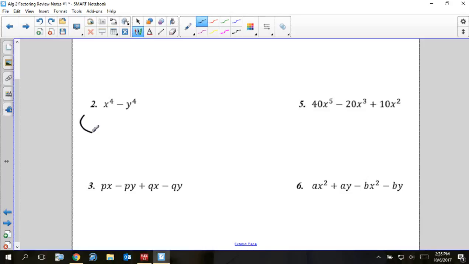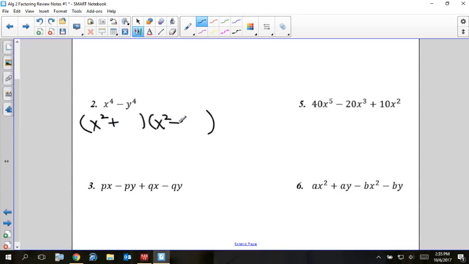Is this a difference of squares? What do you multiply by itself to give you x to the fourth? X to the second. Now, it is a difference, so we will have a positive and a negative.